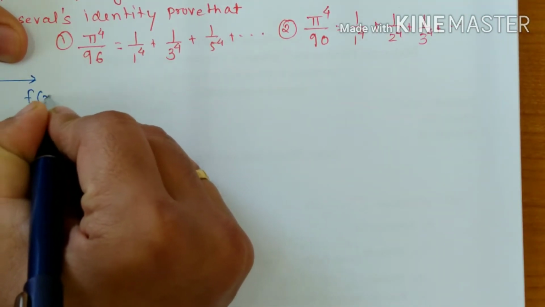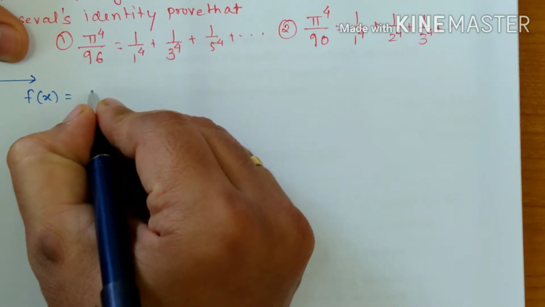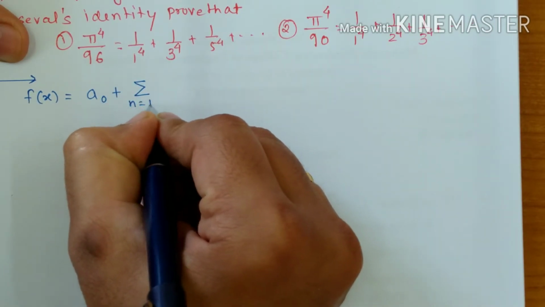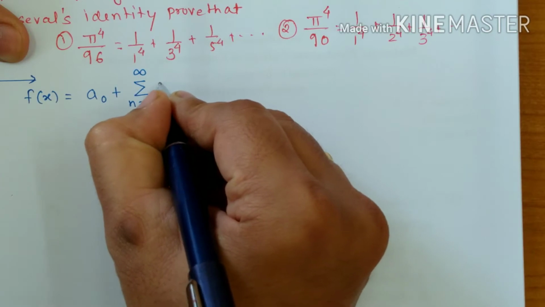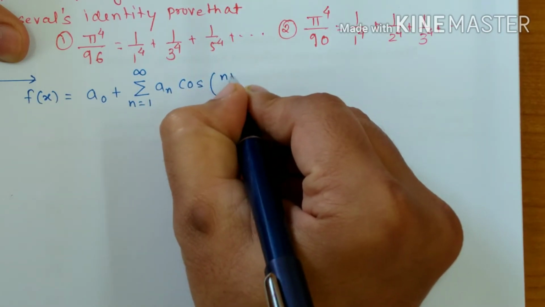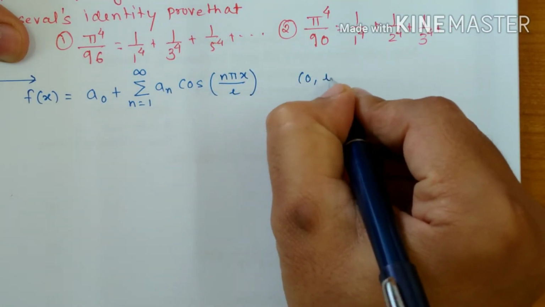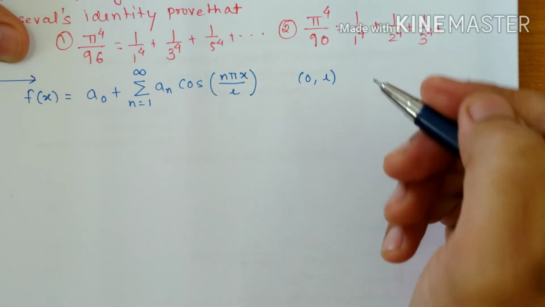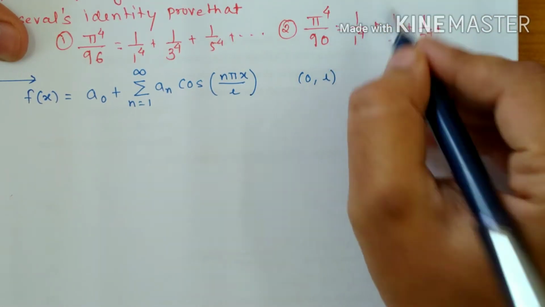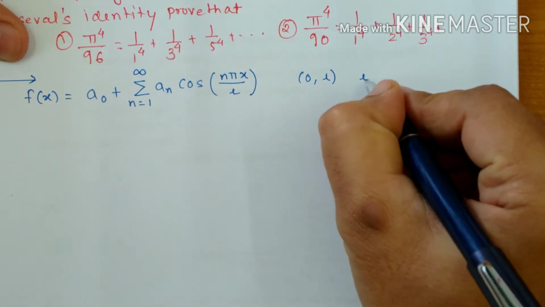A half range cosine series of a function f of x in the interval 0, L is given by a0 plus summation n runs from 1 to infinity a n into cos n pi x upon L, where the function is defined in the interval 0 to L. Now just have a look at the problem and you can conclude the value of L is 2 here. So here L is equal to 2.